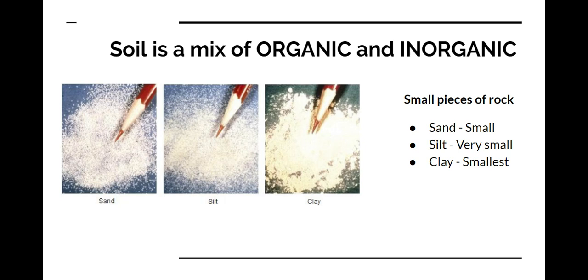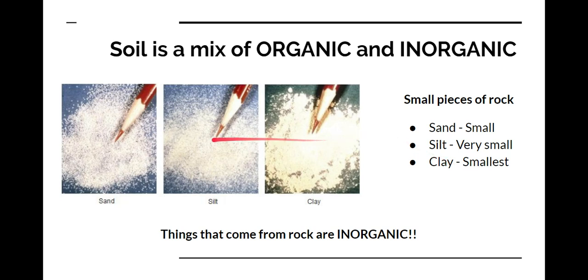And if you've ever played with clay in an art class or on your own, that's made of tiny pieces of rock, the smallest pieces of rock. And that's why when they stick together, they make a wet, gummy mass. So things that come from rock are all inorganic. These three ingredients are inorganic ingredients.